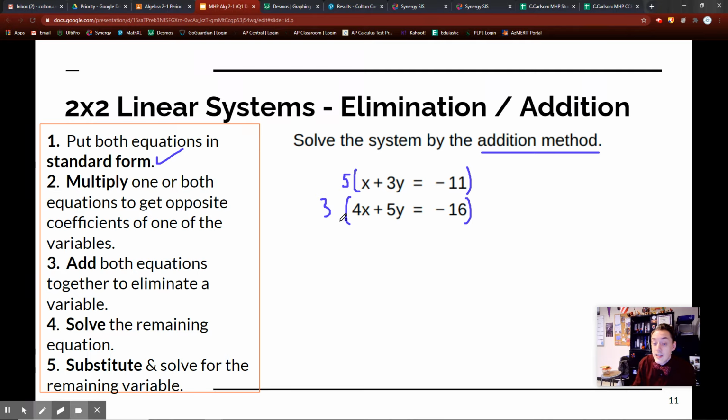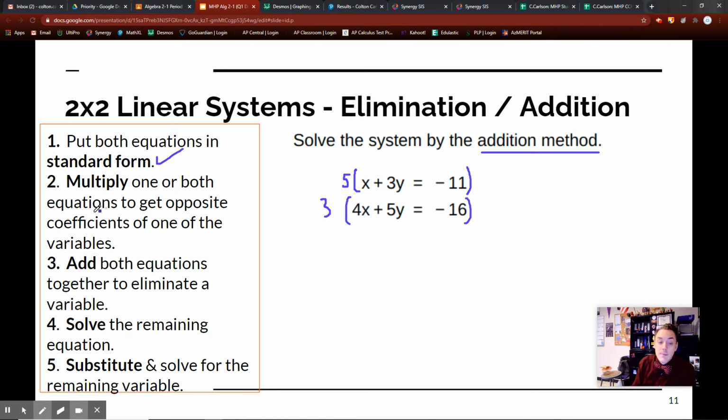In this case, it would be 15, because that is the very first number that divides these numbers evenly. 15 divides 3 evenly, and 15 divides 5 evenly. So that's why I'm choosing these numbers.